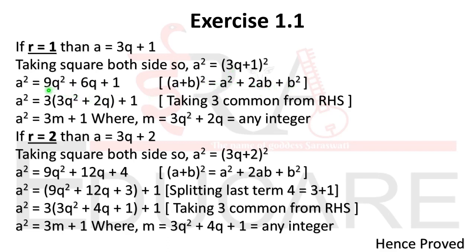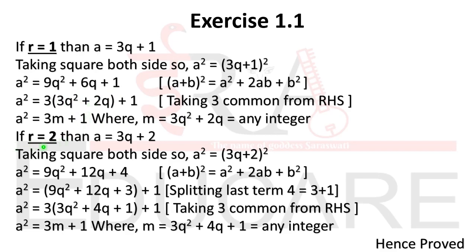Now from the first two terms you can take 3 common, right? So 3 3s are 9, so 3q square, plus 3 2s are 6, so 2q, plus 1, because we are taking 3 common from the right hand side. A square is equal to 3m plus 1, where m is equal to, putting the value of m here, 3q square plus 2q, which is any positive integer.